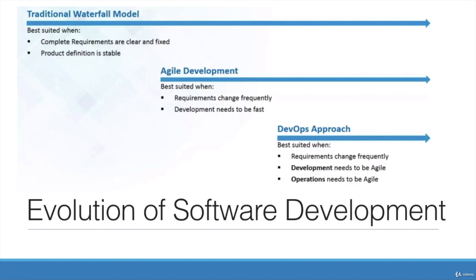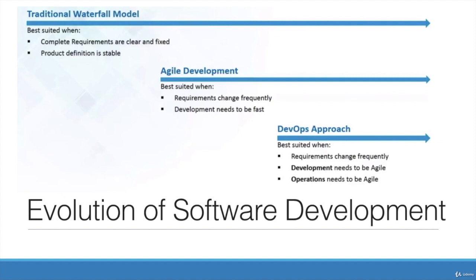There were different kinds of gaps in that waterfall model, as the product release life cycle is very long, because we can't release the product until we have built it completely. The testing effort is huge, and the development effort is also huge, because we are developing the complete product and only after that starting the testing. We are not doing things in parallel. So that model had these loopholes.